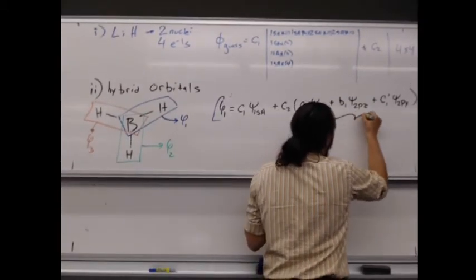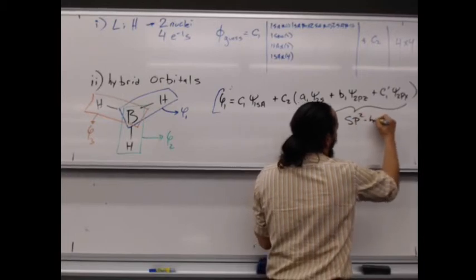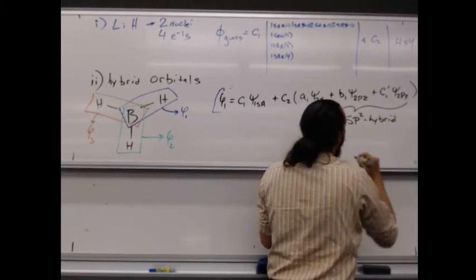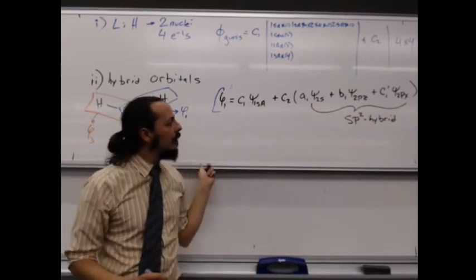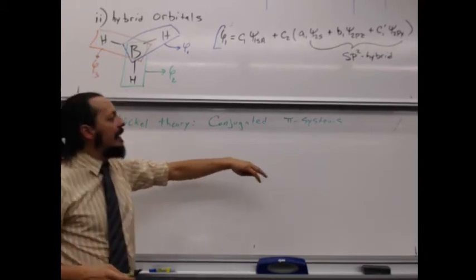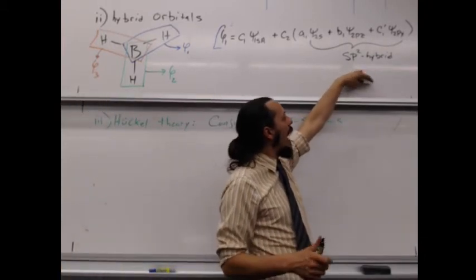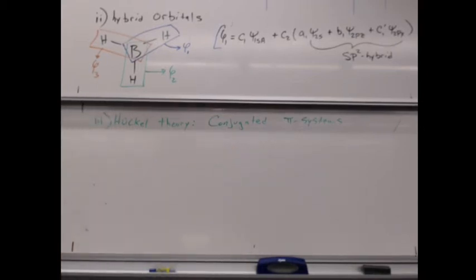This would be an sp2 hybrid, so named because we made it out of an s and 2p wave functions. And what we're going to look at is the electrons inside of the hybrids versus the electrons outside of those hybrids to figure out what we can do.